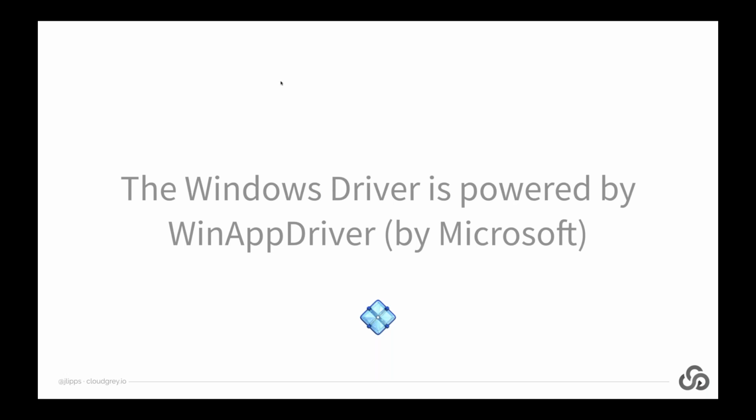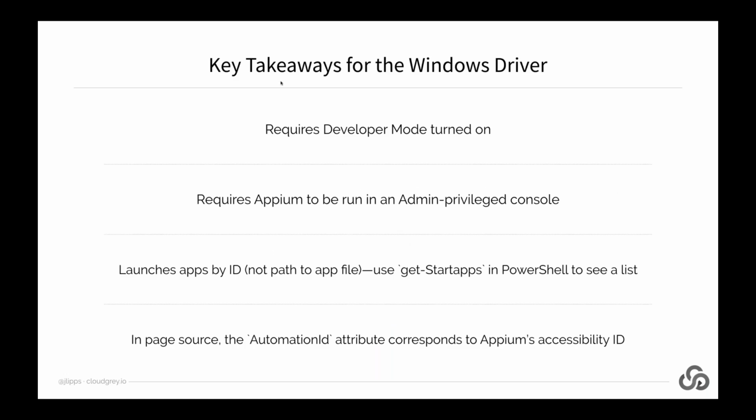Some key things to understand about the Windows driver. First of all, it requires developer mode to be turned on for the machine or for your user as you're logged in. It also requires Appium to be run in a console which has administration privileges. So you need to do the whole trick where you hold down a key as you type in the command prompt in the Windows Start menu.